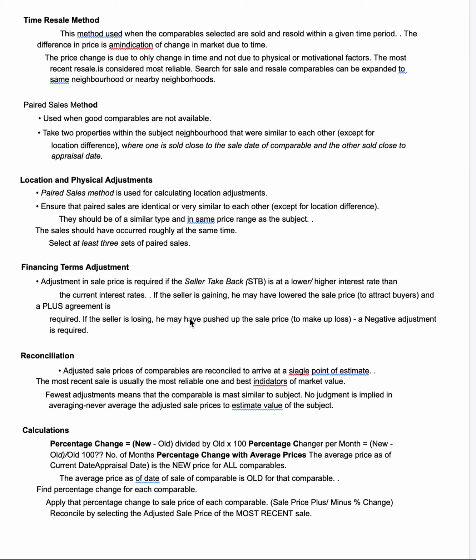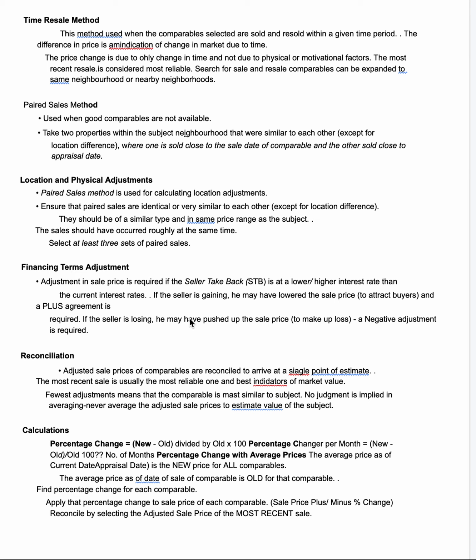There are six possible, but three main types of adjustments that may be required. There are several methods used to quantify the percentage and total adjustments required to take account of differences between the properties. Inferior comparables require plus adjustments, superior comparables require minus adjustments.